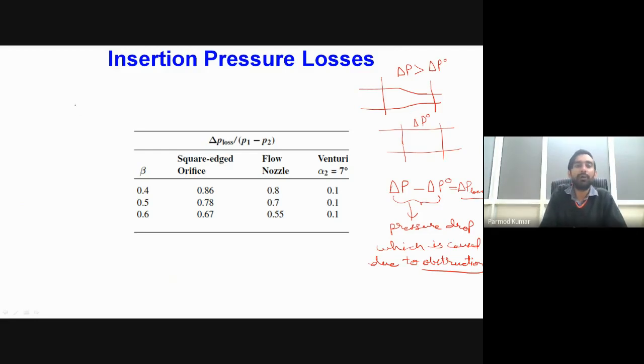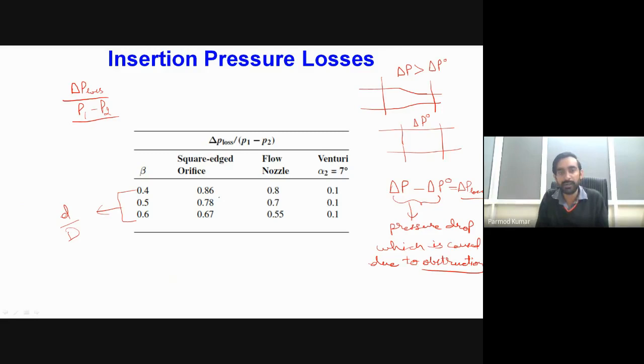So what we can do is determine what fraction of this delta P loss corresponds to the total change of pressure, P1 minus P2. It is characterized over here for different beta ratios. Beta, as I have already told you, is d by D. If we take the value of beta as 0.4, 0.5, 0.6, particularly for a square edged orifice, the majority of the pressure drop between the two points is contributed by the obstruction only.